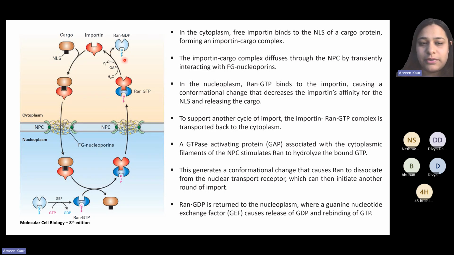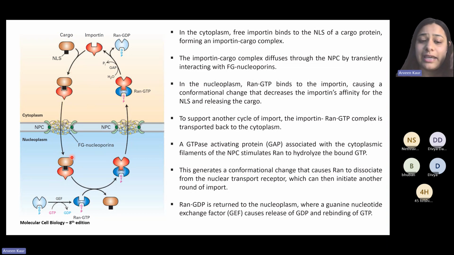RAN GDP complex is generally, sorry, RAN GTP complex will be involved in taking the cargo inside. No, there is some problem with this representation actually. RAN GDP will bind to whatever cargo has to be taken inside the nucleus.